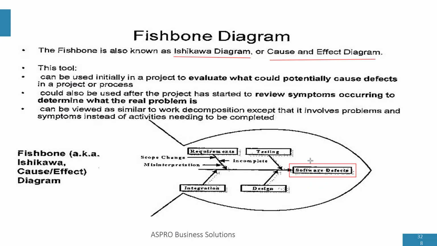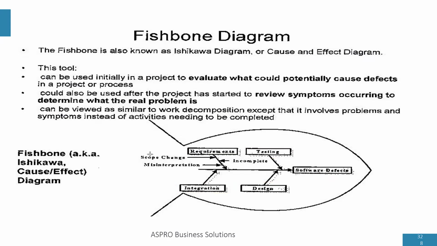So what can lead to software defects? In the requirement phase, we can get software defects. While integrating, we can get software defects. During designing, we can get software defects. And during testing. So when you're using a fishbone diagram as a root cause analysis tool, we try to look at where the software defects can come from.